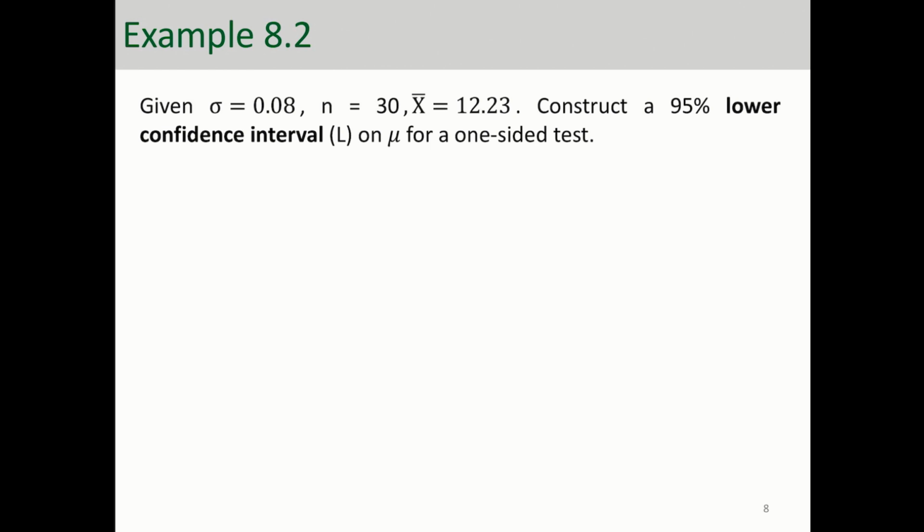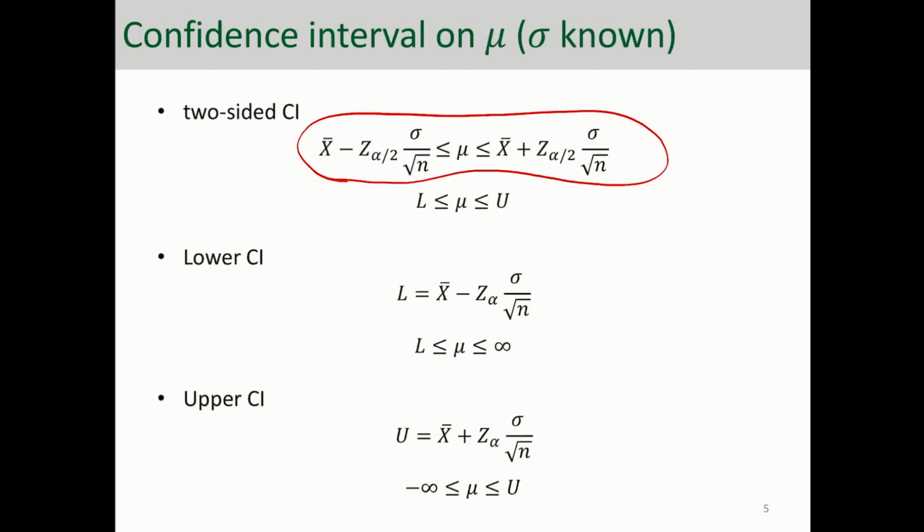So in this case, it looks like we probably had a one-sided alternative hypothesis, if you remember this example from before, mu more than 12.2. Now we only want to find the lower confidence limit. So if I go back a few slides, the lower confidence limit is here. So we're going to use that formula.